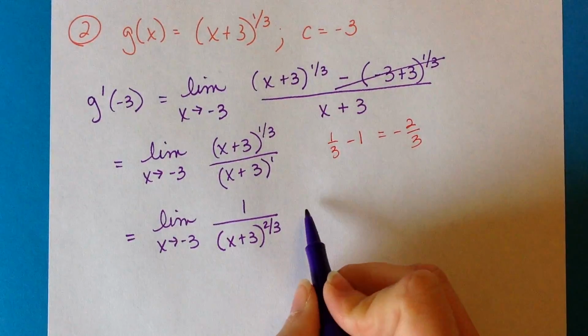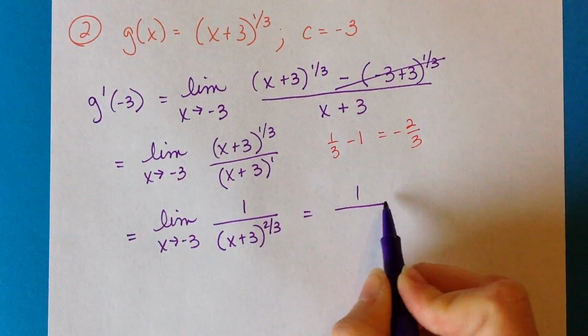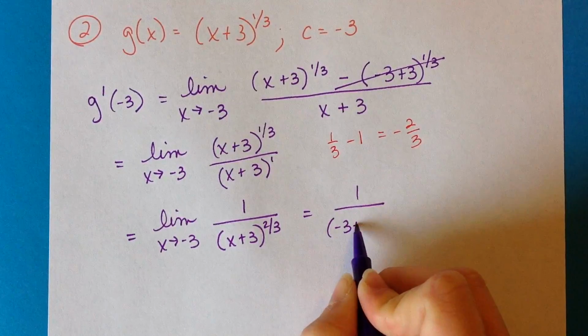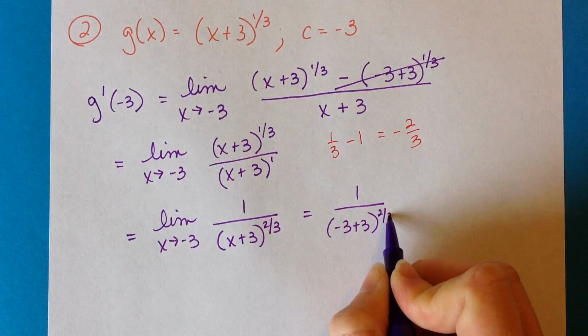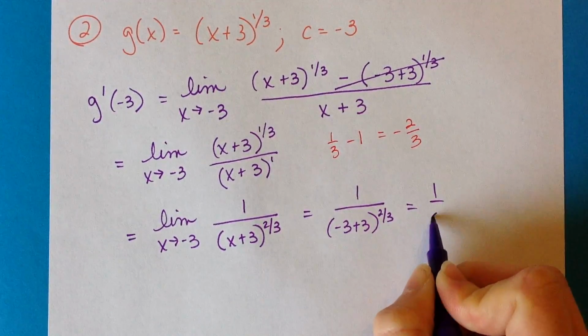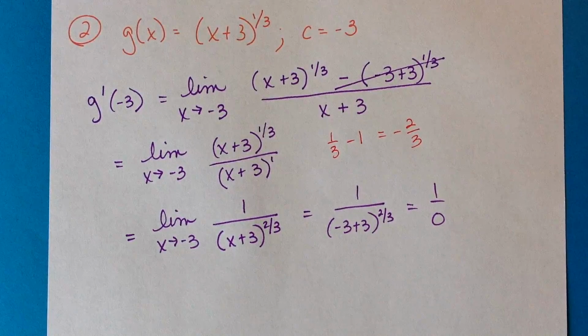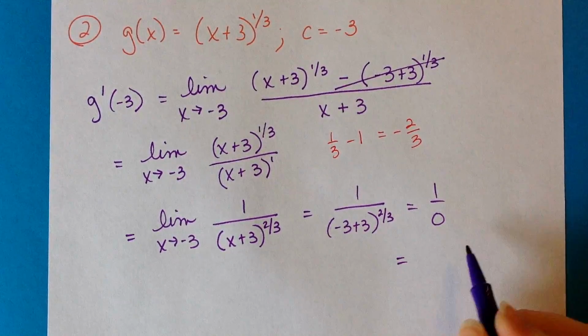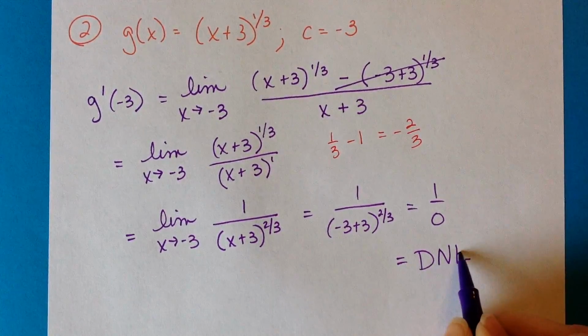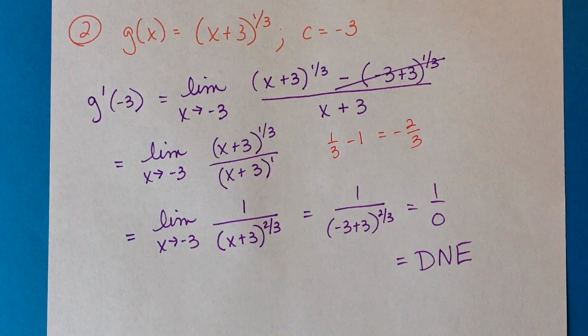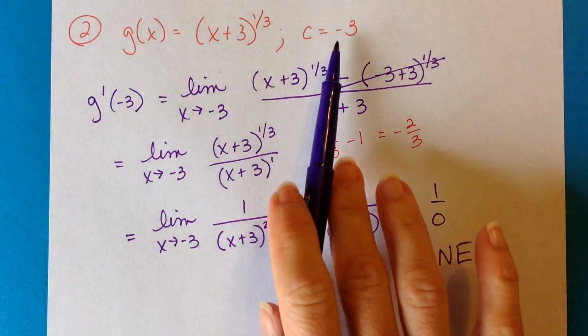Now, if you do your direct substitution, then you're going to end up with 1/0, which would indicate that this is actually a situation in which the derivative does not exist. So this would be a function that is not differentiable at -3.